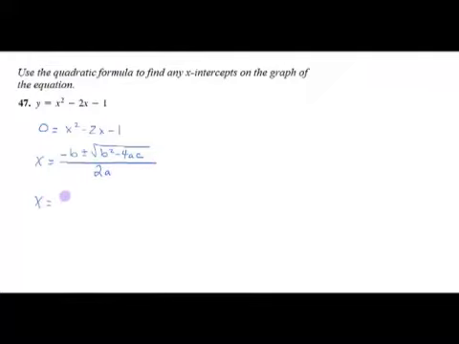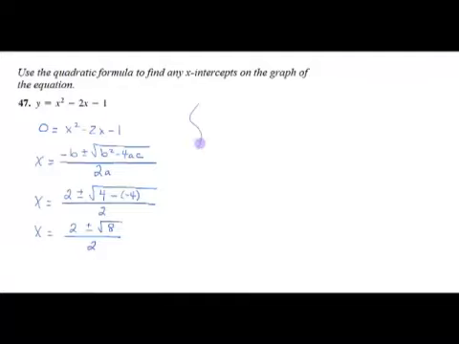So x is the opposite of -2, so +2, plus or minus the square root of b squared, which is 4, minus 4 times 1 times -1, so that makes it a -4, all over 2 times a, which is 2. So x is 2 plus or minus the square root of 4 plus 4 is 8, all over 2.